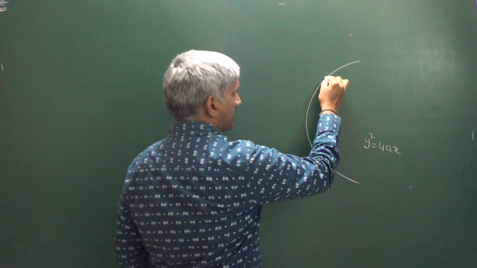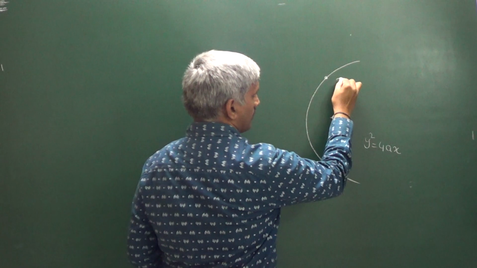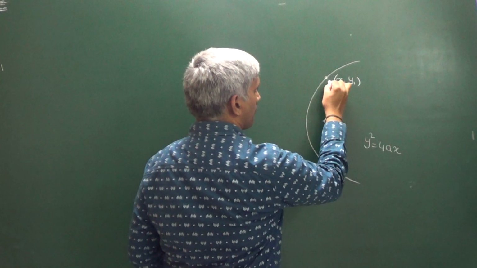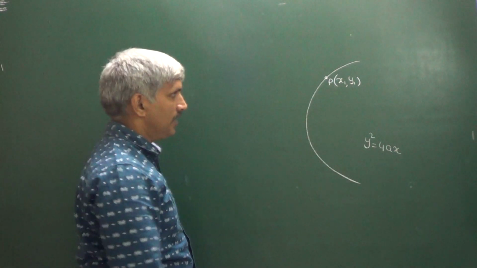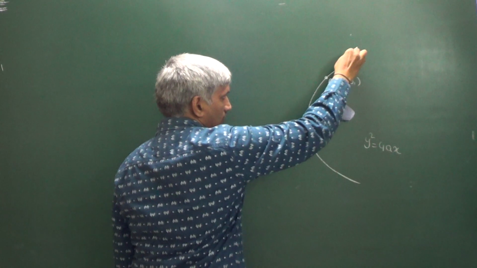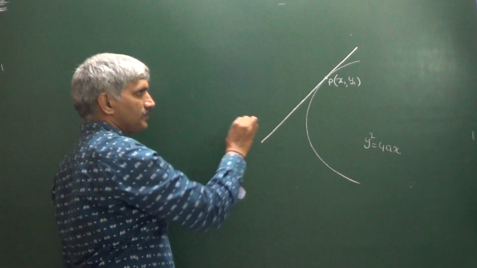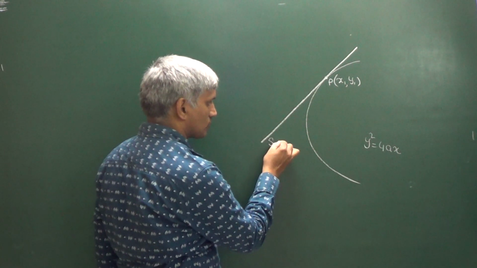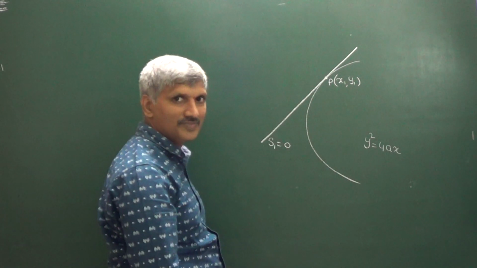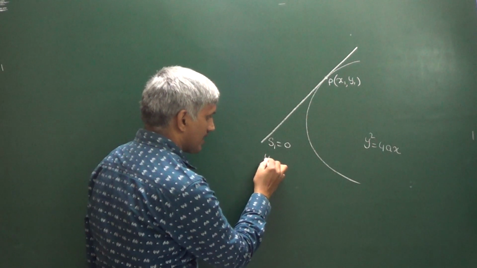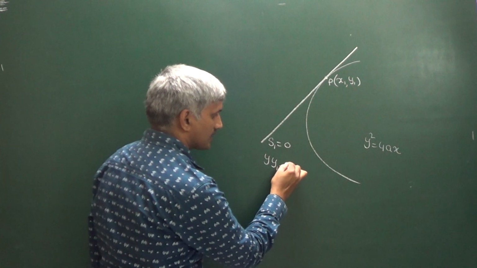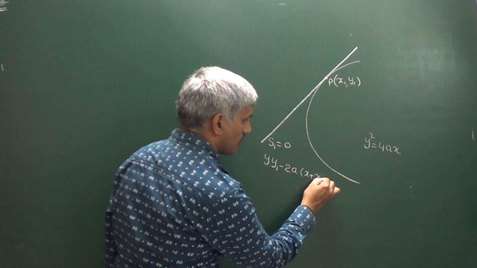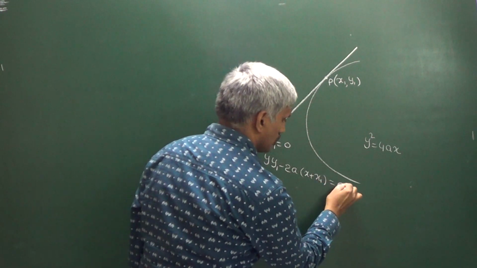At the point P(x1, y1), a tangent is drawn. The equation of this tangent is given by S1 is equal to 0, that is, y1 y minus 2a into x plus x1 is equal to 0.